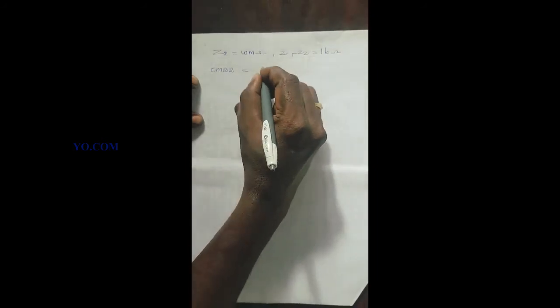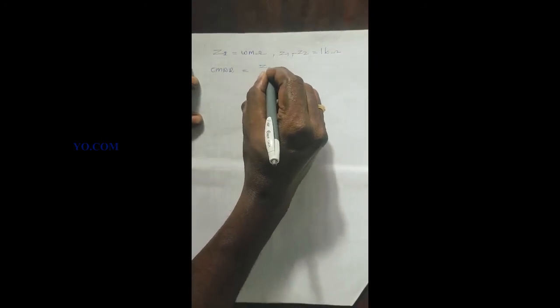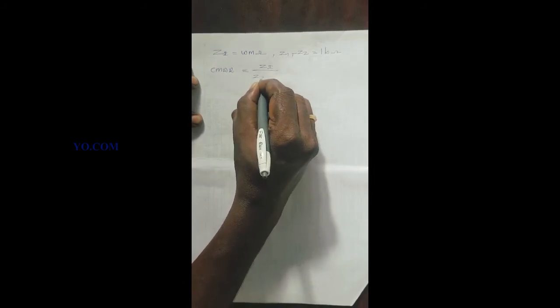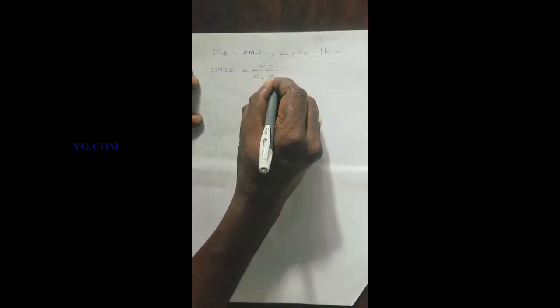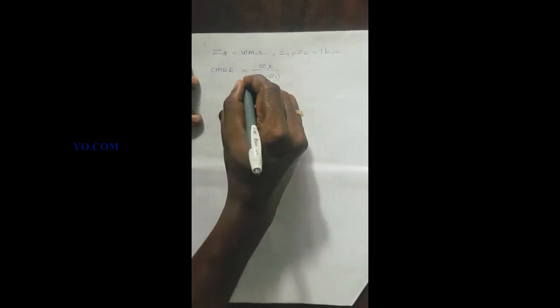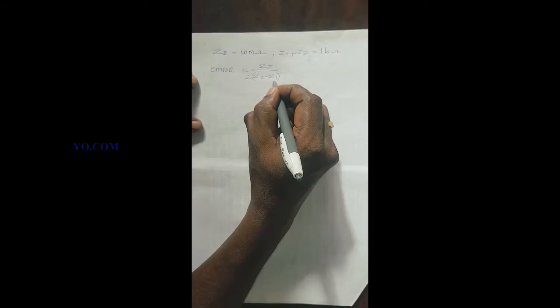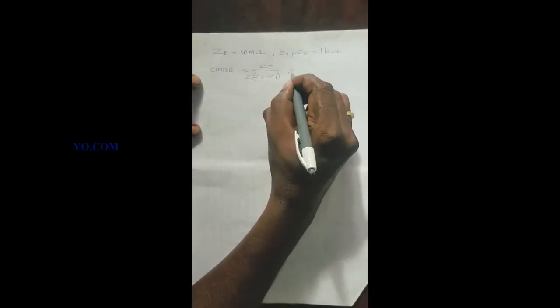The CMRR equation is Zi divided by Z2 minus Z1. Actually the division by 2 was missed in the previous equation, so CMRR equals Zi divided by 2 into Z2 minus Z1. Then you substitute the values.